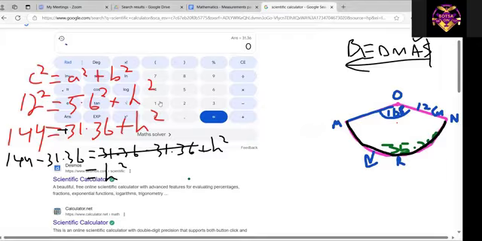Right, so 144 take away 31.36. So I'm getting 112.64. And of course, to remove that squared, we will find the square root.